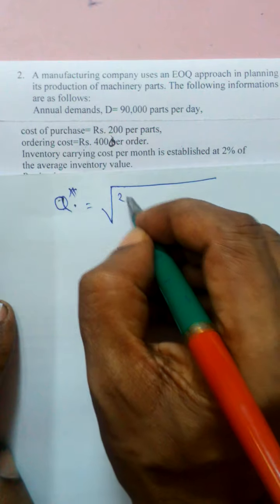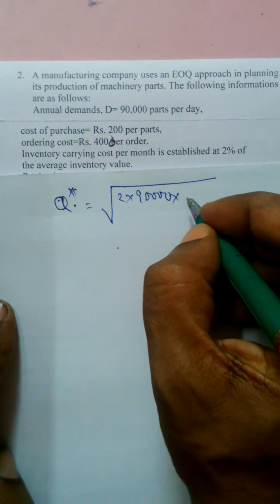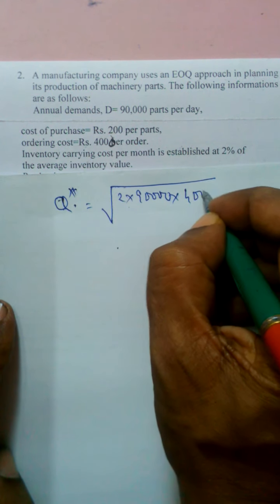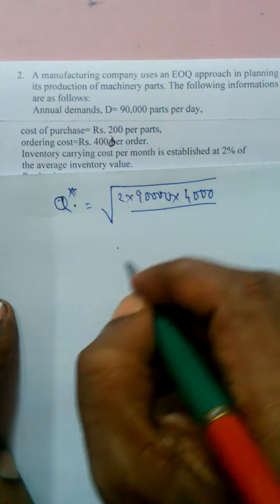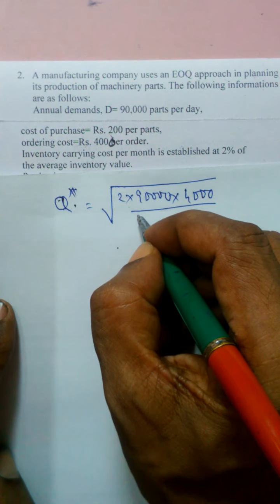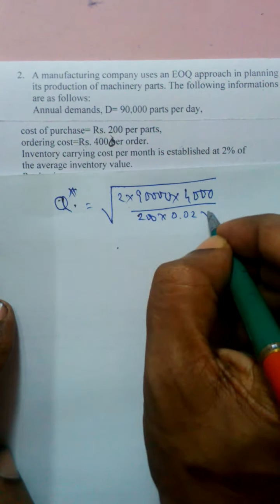Q star is 2 into 90,000 into the ordering cost 4,000, by CH. One thing to be noted: CH here is rupees 200, 2% into 12.